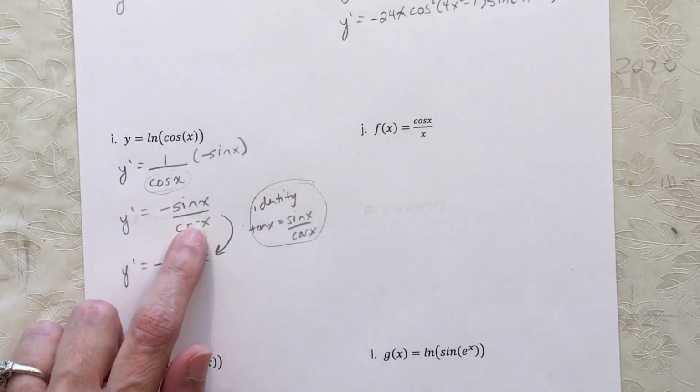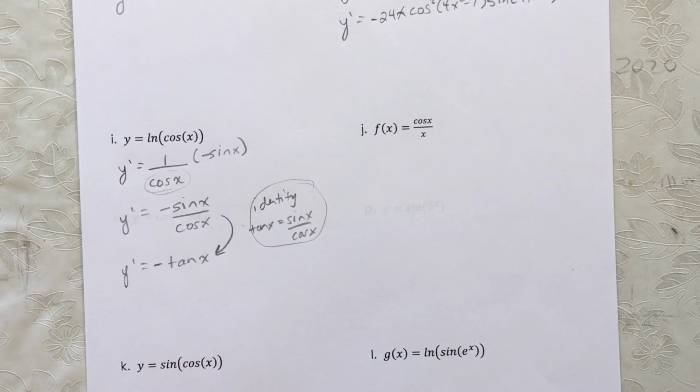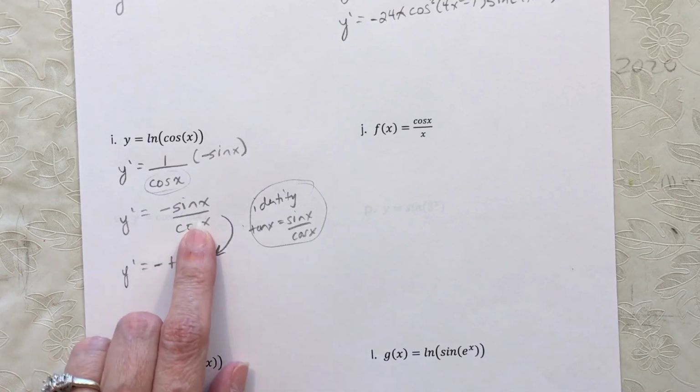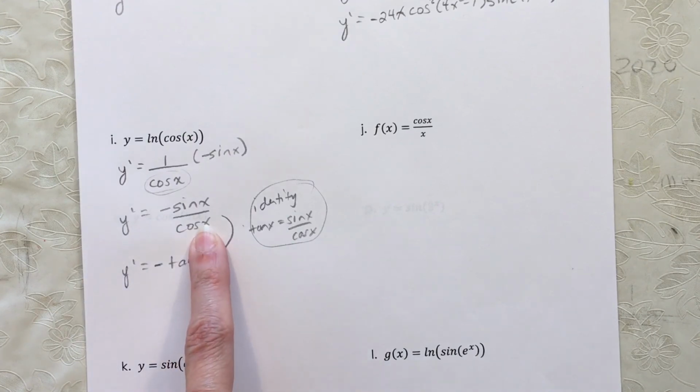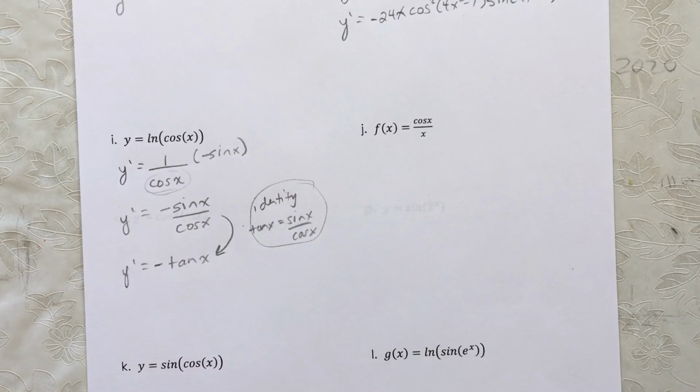As I said, I would accept this, but I'm looking ahead to next year. If you had a multiple choice test, you got this, but it wasn't one of the answers, you would have to know that identity in order to find it out. Or if you were trying questions and the back of the textbook said that, you would have to realize that negative sine of x over cos of x is the same as negative tan of x.